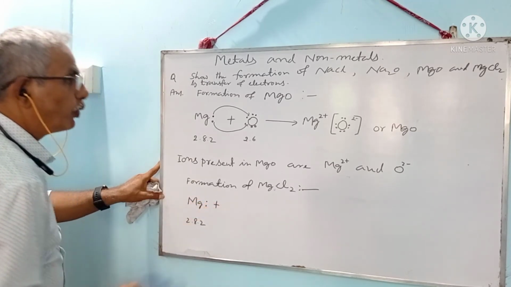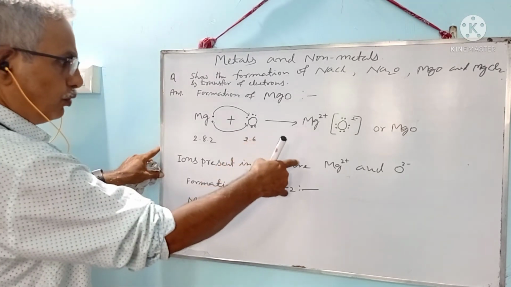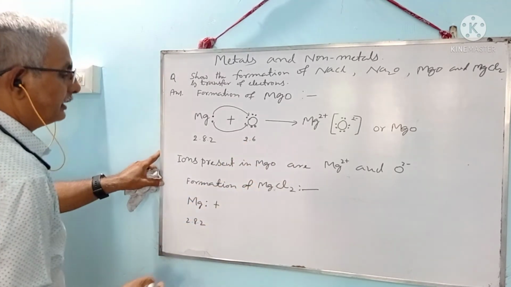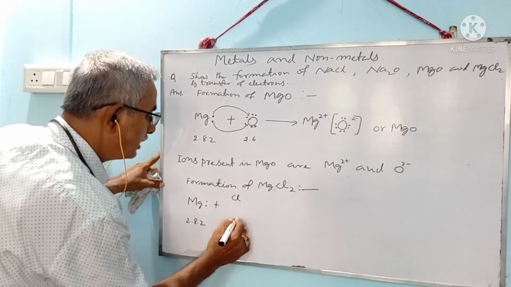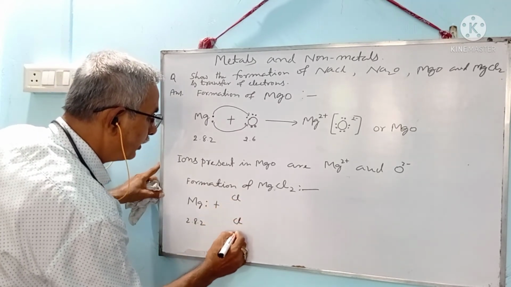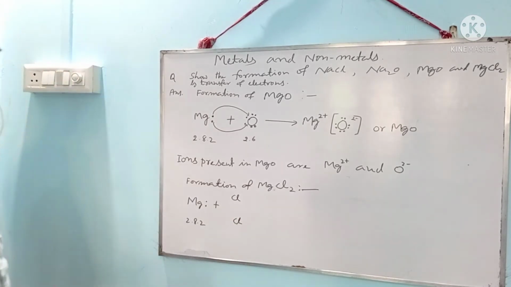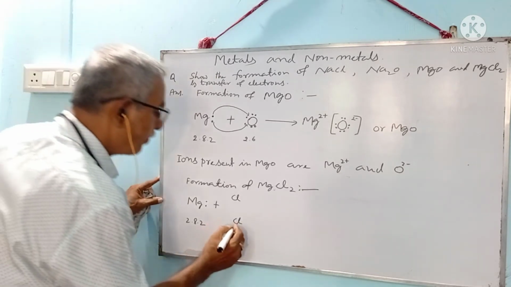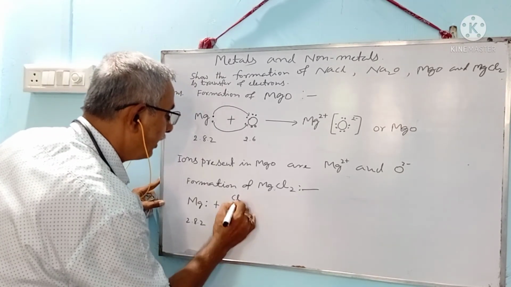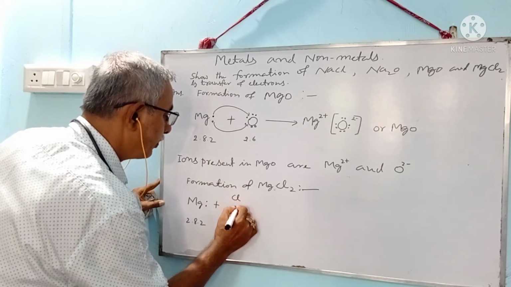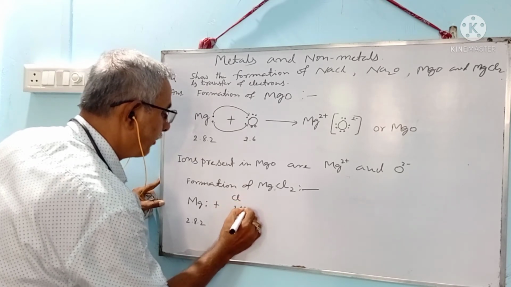Now you see chlorine. How many? 2 chlorine atoms are there. So one you write here and one you write below. Each chlorine atom, you know, it has atomic number 17. So you can write 2, 8, 7. Here also 2, 8, 7.